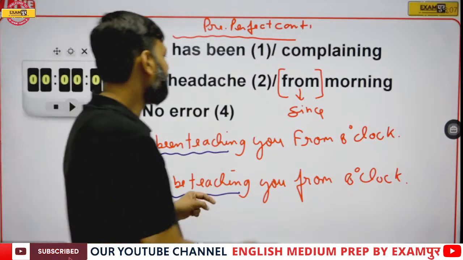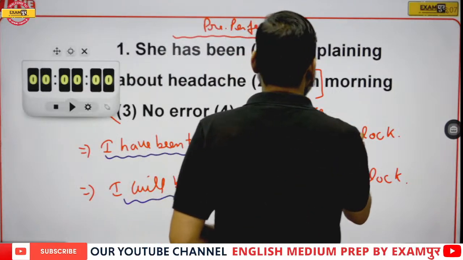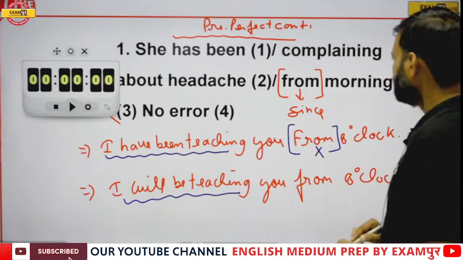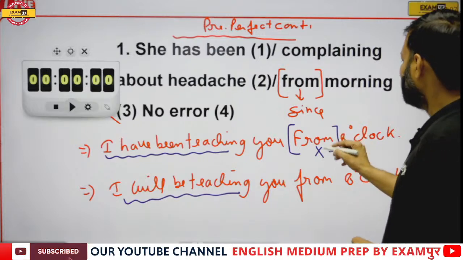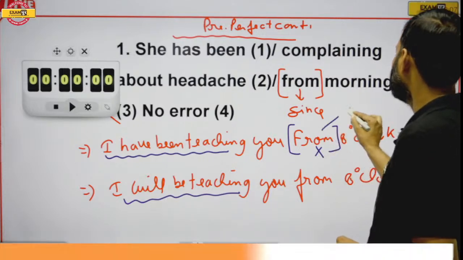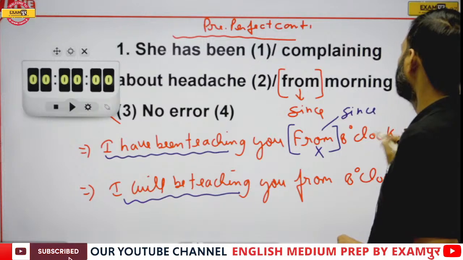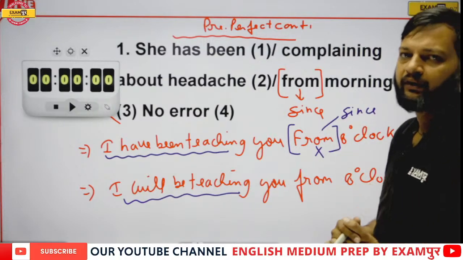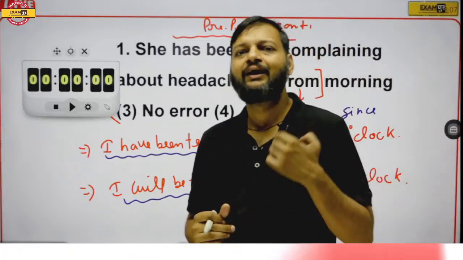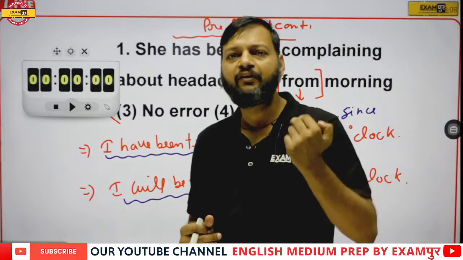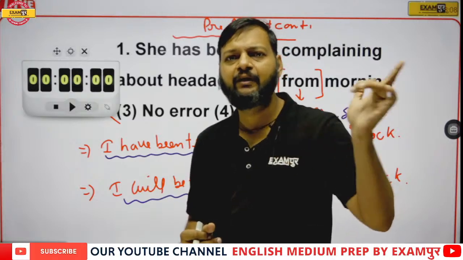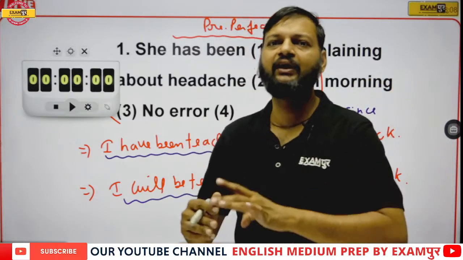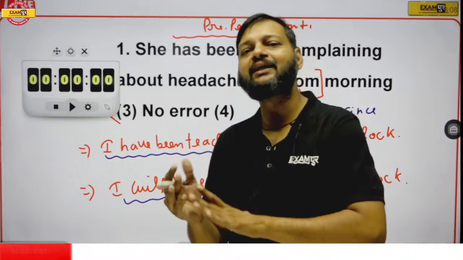So in present perfect continuous, we cannot use from. In this sentence, we have to use since in place of from. I have been teaching you since 8 o'clock, because since refers to the time in past. The work has already started. I have already started teaching you.